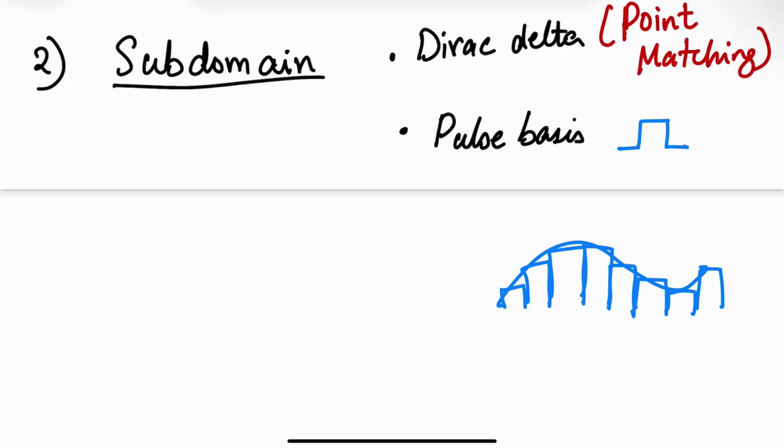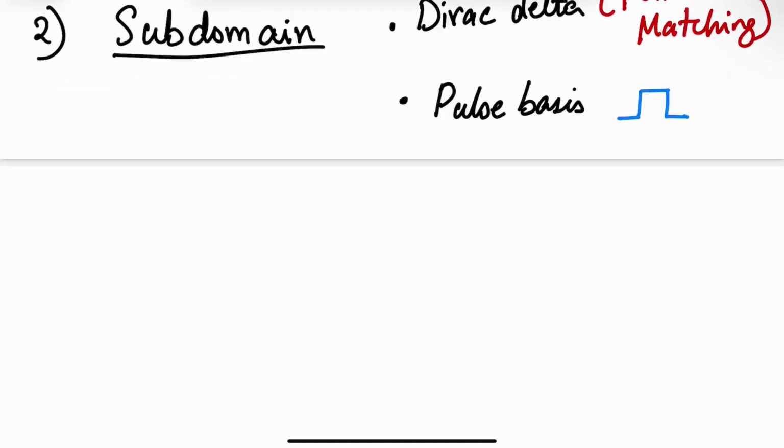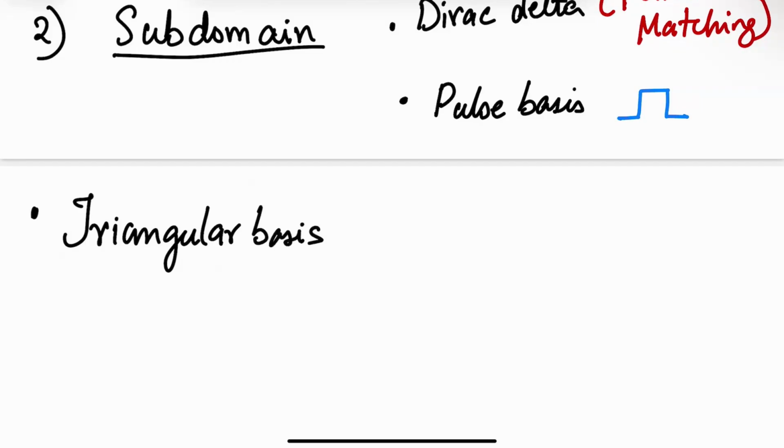Another option is a triangular basis. So it's a little bit better. You're just taking it one level of complexity at a time. The nice thing about the pulse basis is that, once you put the pulse function in, since it's constant over that region, you only have to integrate the Green's function in that small region. You don't have to integrate the basis function itself. So then you only have to deal with the singularity in the Green's function.